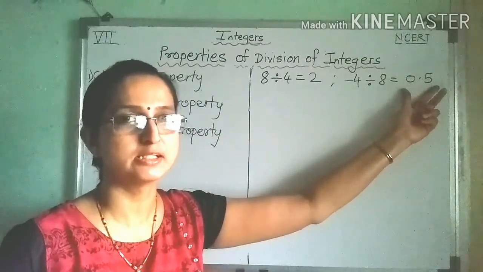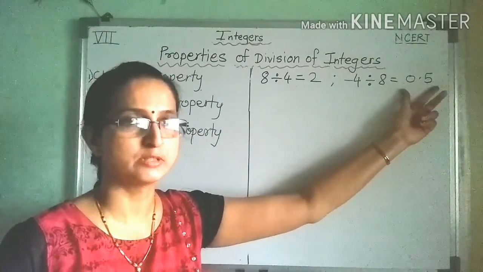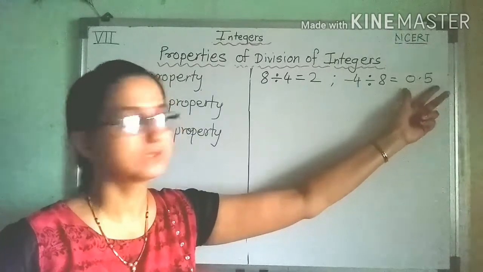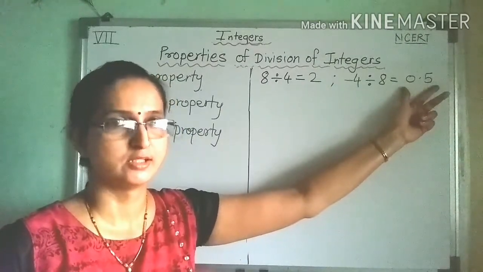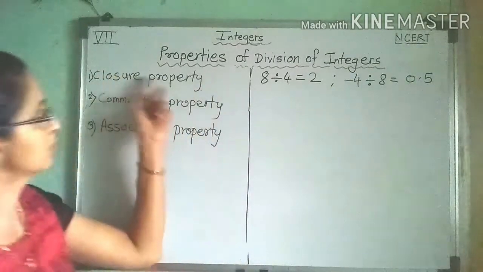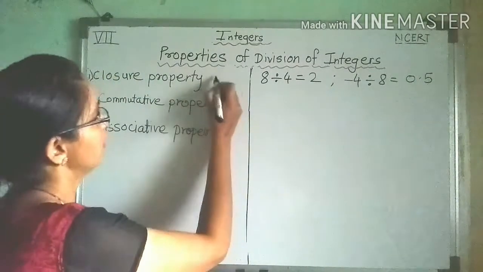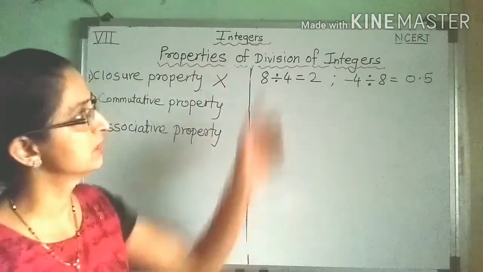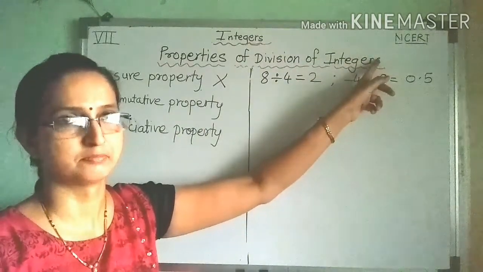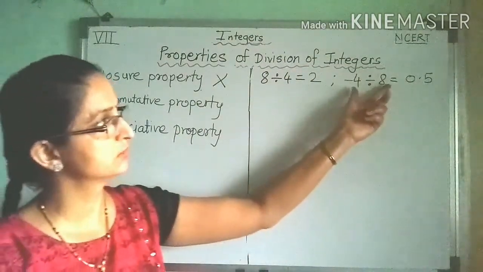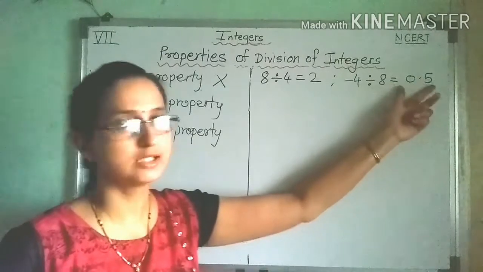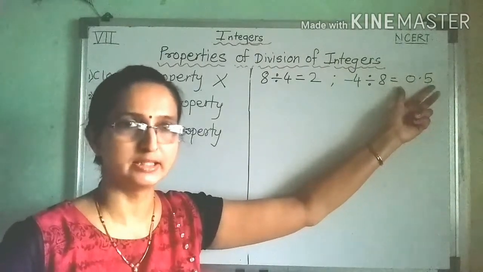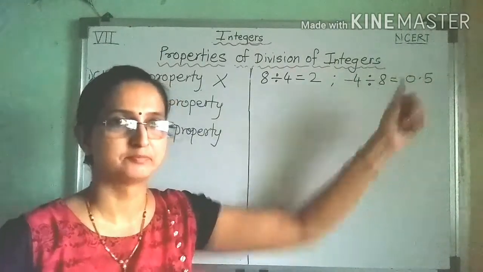It is a decimal number. So a decimal number never comes under integers. So this closure property is not true for division of integers, because here two integers are there but the result is not an integer. Is that clear?